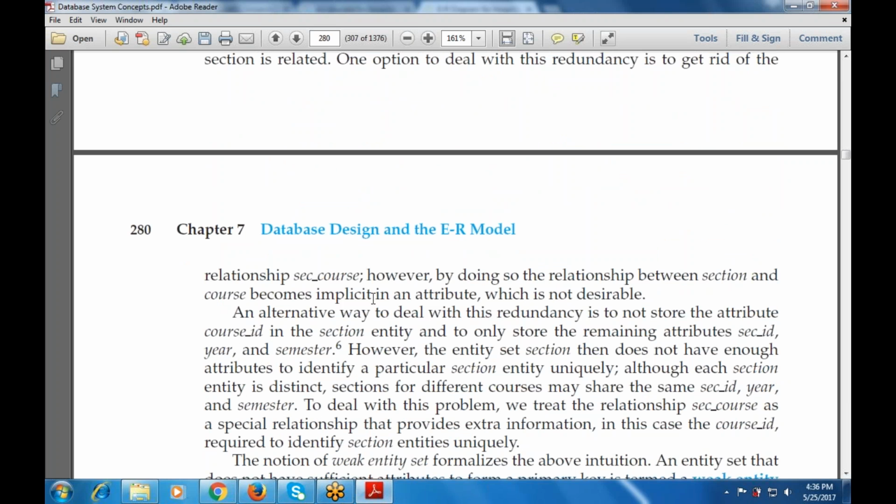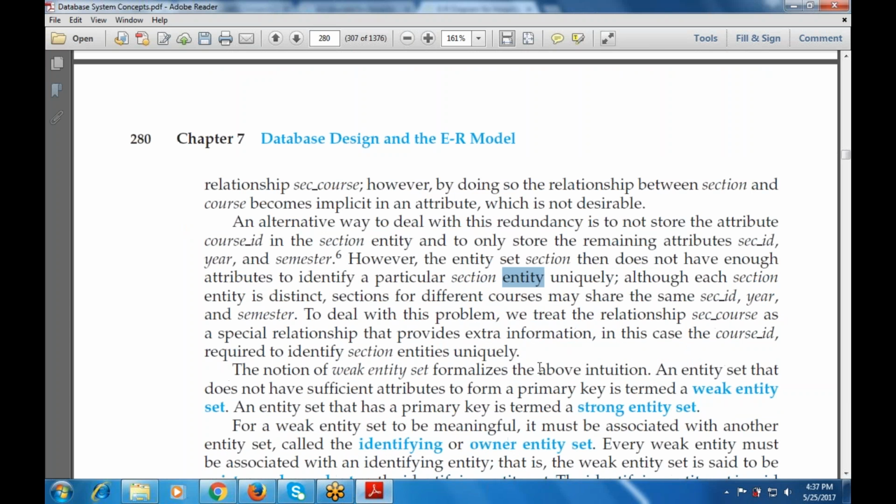So there is an alternative way to deal with this redundancy: not to store the attribute course ID in the section entity, and only store the remaining attributes section ID, year and semester. That may be a weak entity or a strong entity set. So the notion of a weak entity set formalizes the above intuition. An entity set that does not have sufficient attributes to form a primary key is termed a weak entity set.